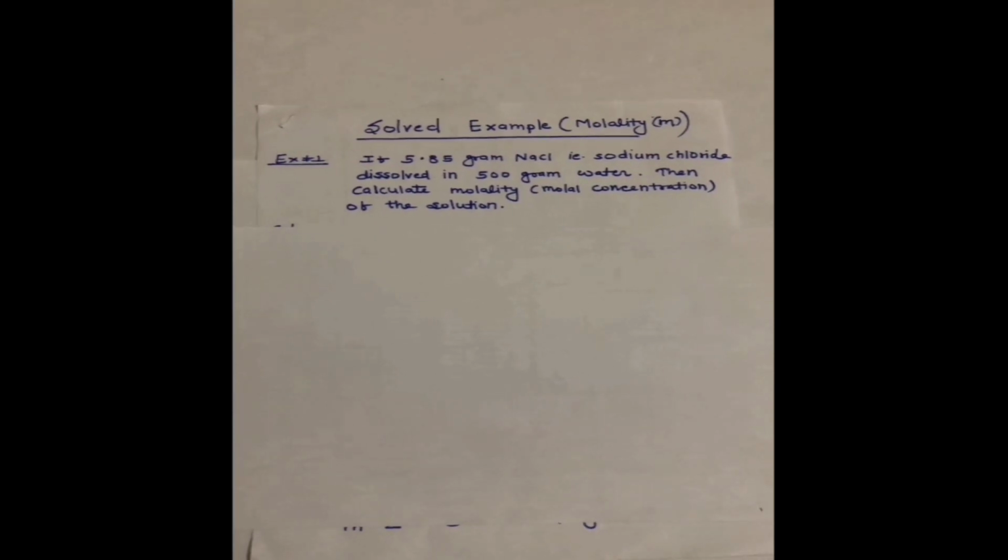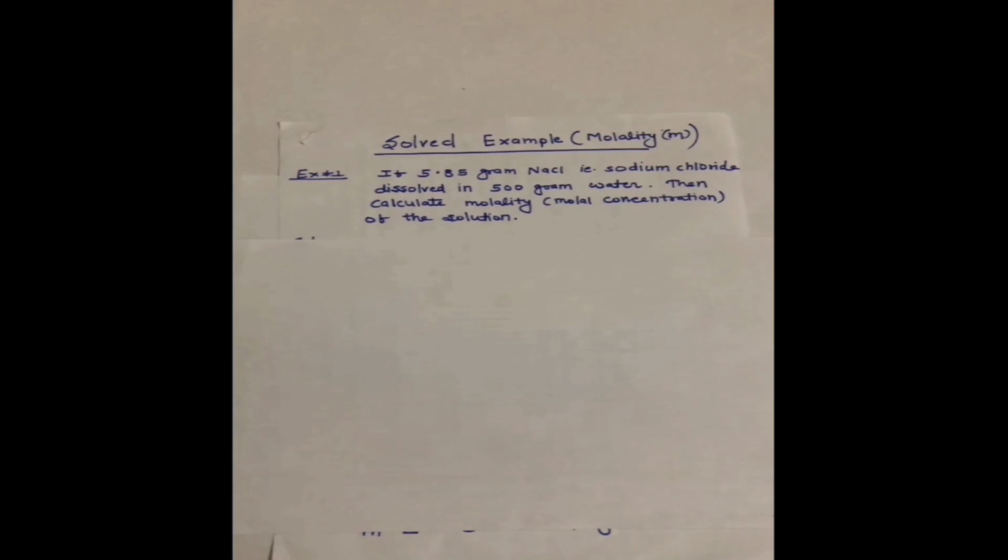Remember students, water is not a solution, water is a solvent. If water is in your question, then you have to consider water as solvent, not as solution. Remember, water is always solvent.